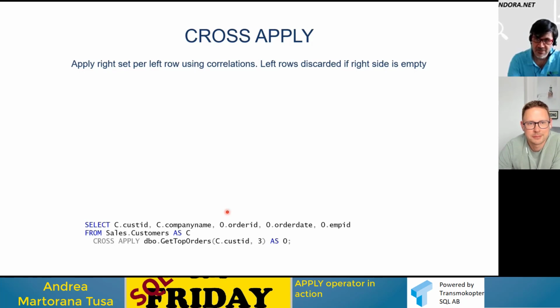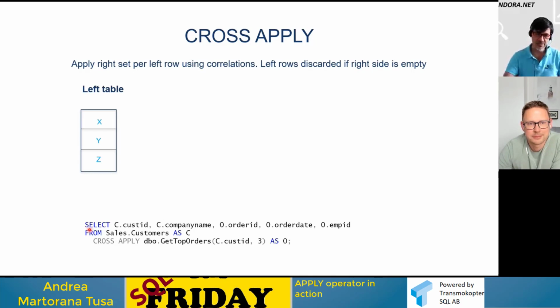Let's see how the cross apply works. I have again a left table, and this is my script, my query. I have a customers table in sales, and I want to see the 3 top orders for each customer.